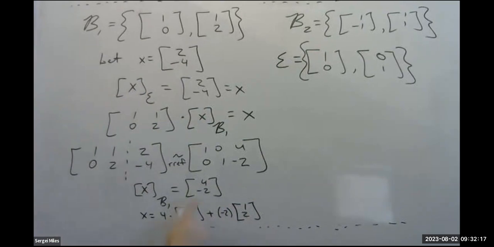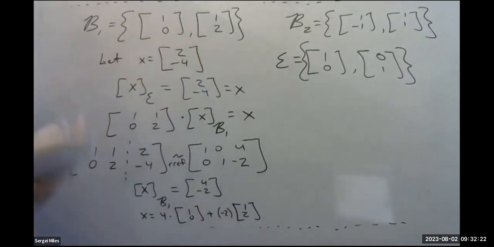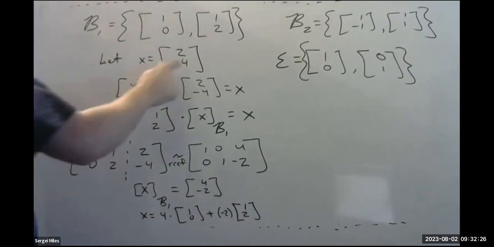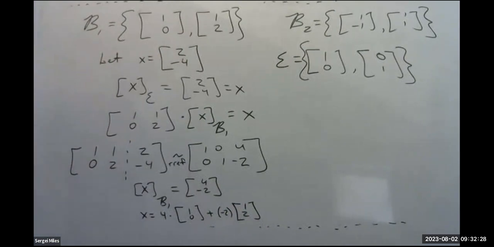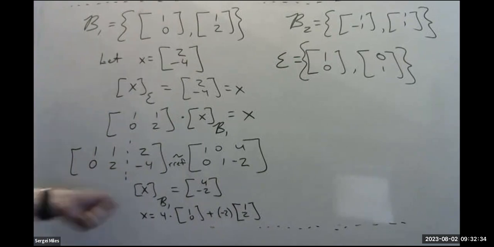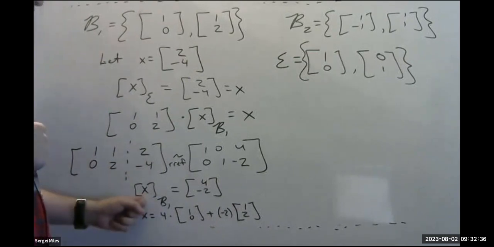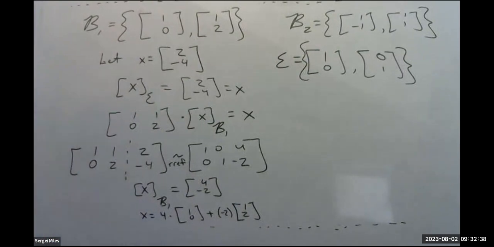Great. So this is telling me how long each of these directions have to be turned on in order to reach the vector 2, -4. Okay, great. Again, this is just a repeat of yesterday's work. This tells us the B1 coordinate vector of x. Now, what if I want to instead find the B2 coordinate vector of x? Okay, well, there's two ways to go about this.